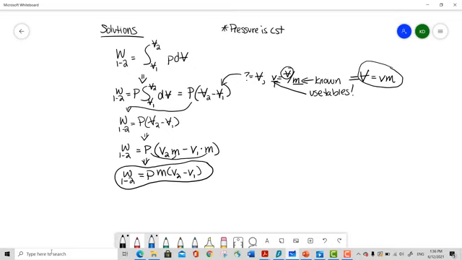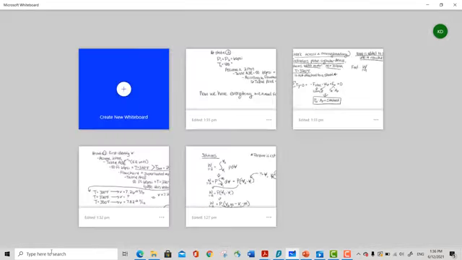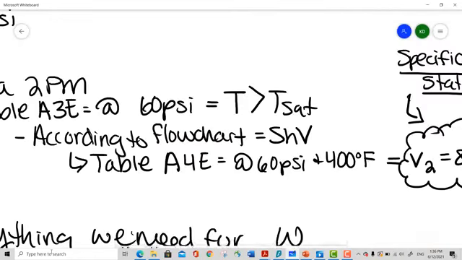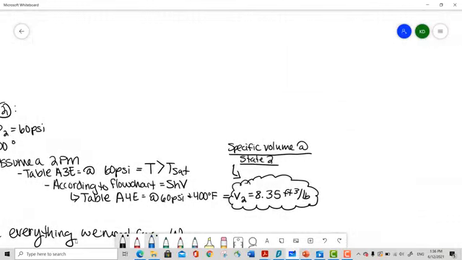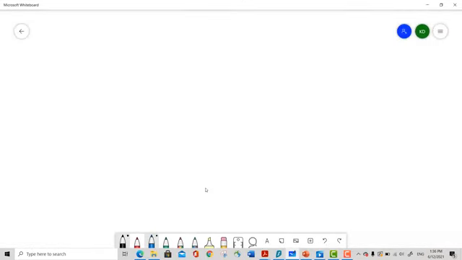So we know pressure, we know mass, and we have just found the specific volume at state 2 and state 1. I know it seems like a lot, and it is. I'm not going to say that it's not a lot of steps, but you guys have been doing these steps in small increments, and so now you're just needing to apply them. Let's just do another page.